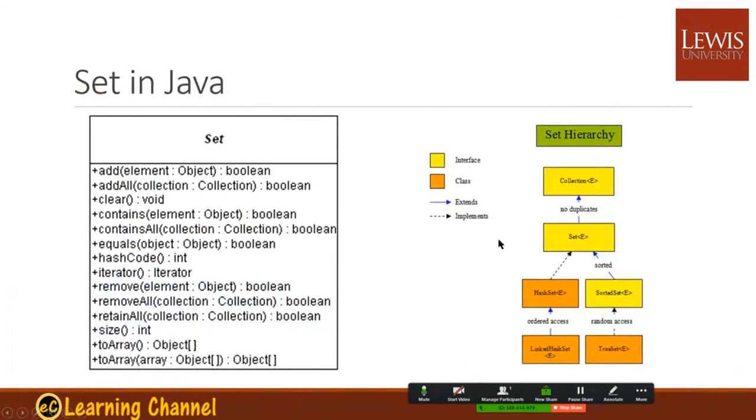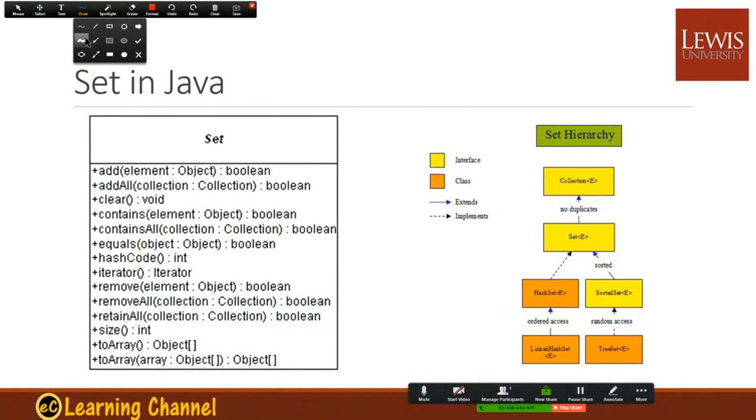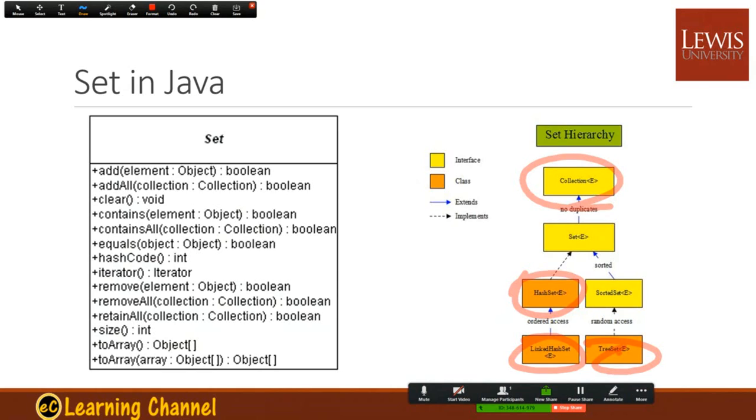And set in Java actually is part of the collections. And for set, you have the basic hash set, linked hash set, and tree set. So for hash set, you use a hash table for the implementation of the set, and for linked hash set, you use a linked list to implement the set.